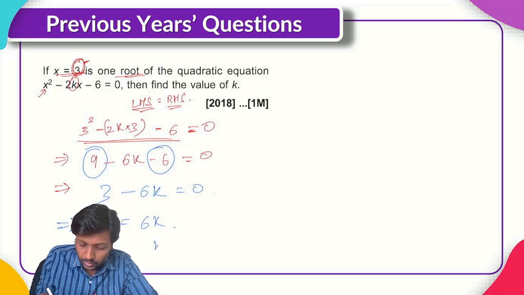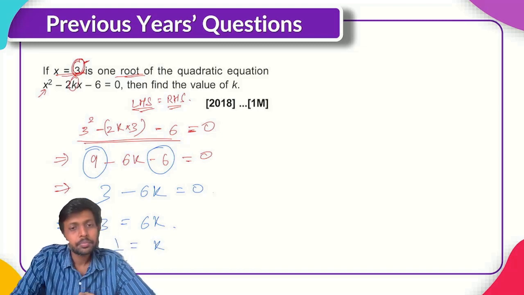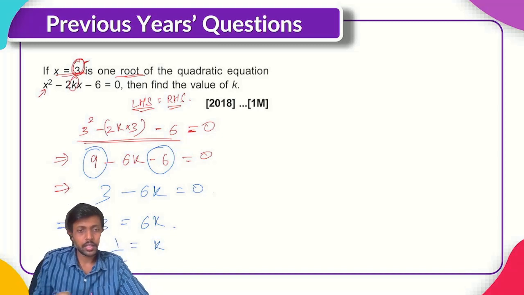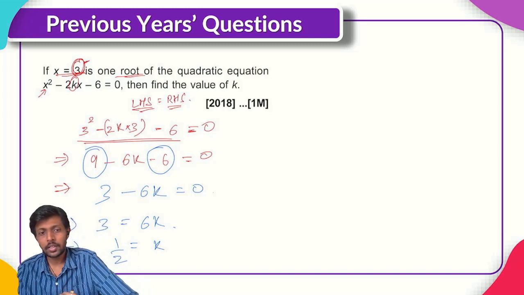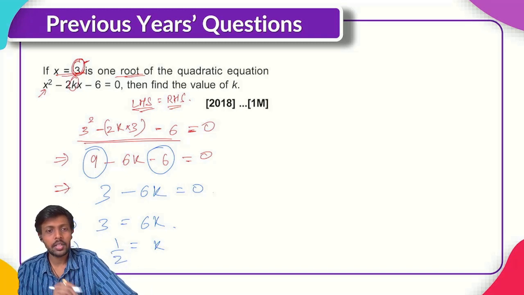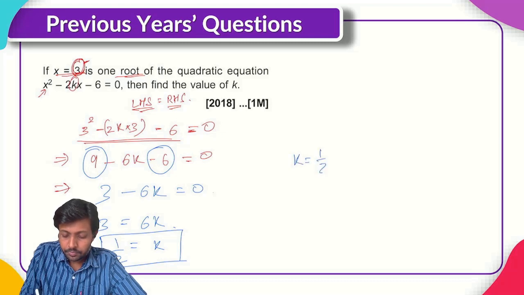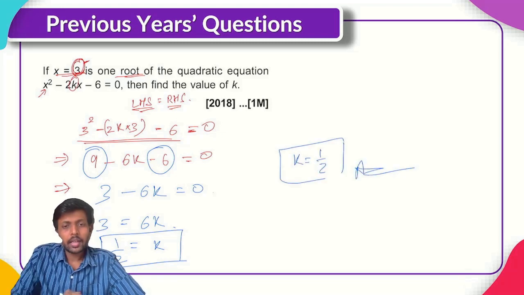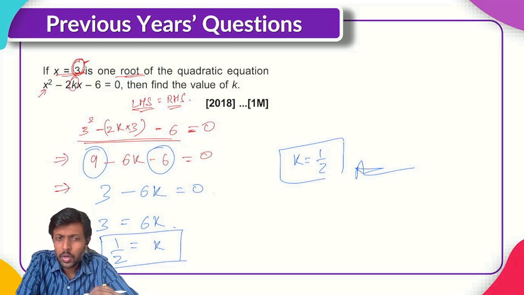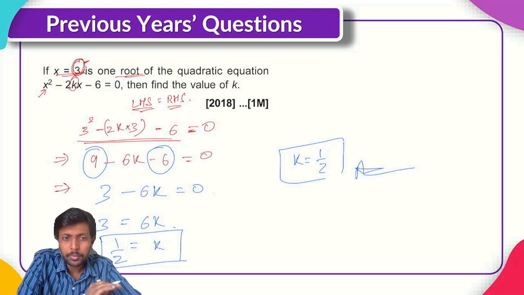This gives you the value of k as half. So k is equal to half. That's your value, and we are done. We've got 1 mark very easily. 1 mark questions are really easy from this chapter.